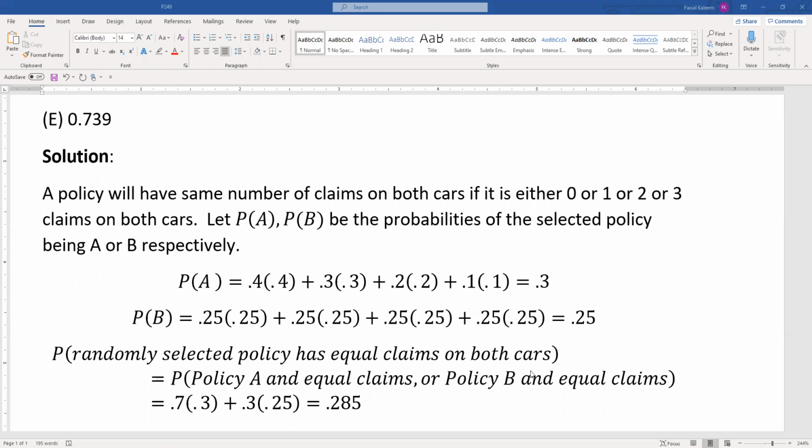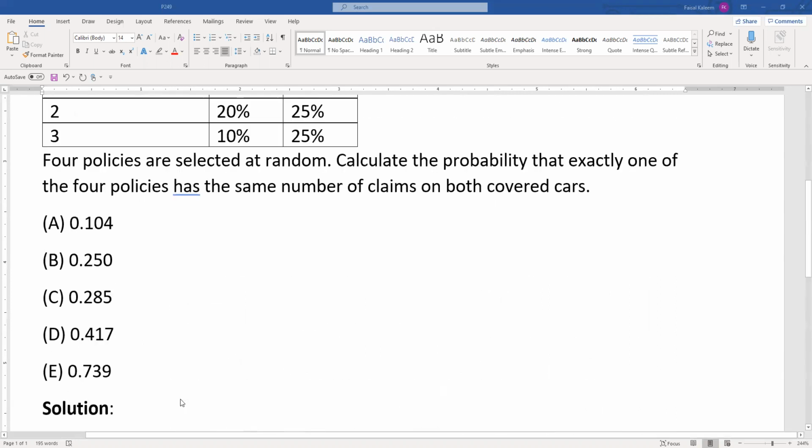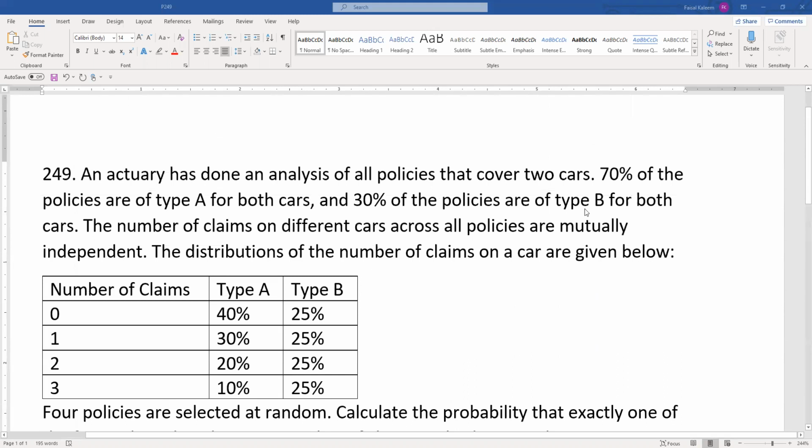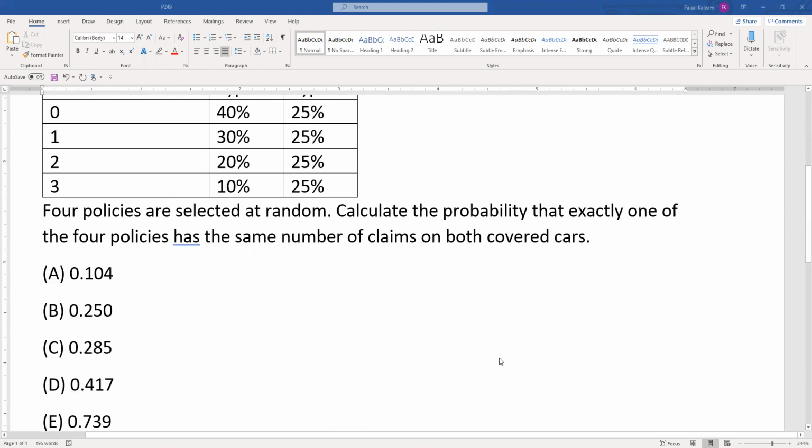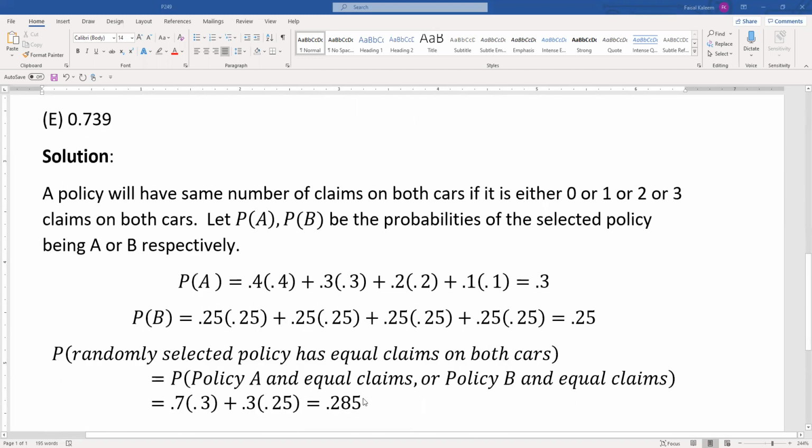Because there are only 2 types of policies, A and B. So selecting policy A is 0.7 probability, because 70% are type A and 30% are type B. So selecting policy A, 70%, and equal claims, we've determined above for A, the equal claim probability is 0.3, so 70% times 0.3.